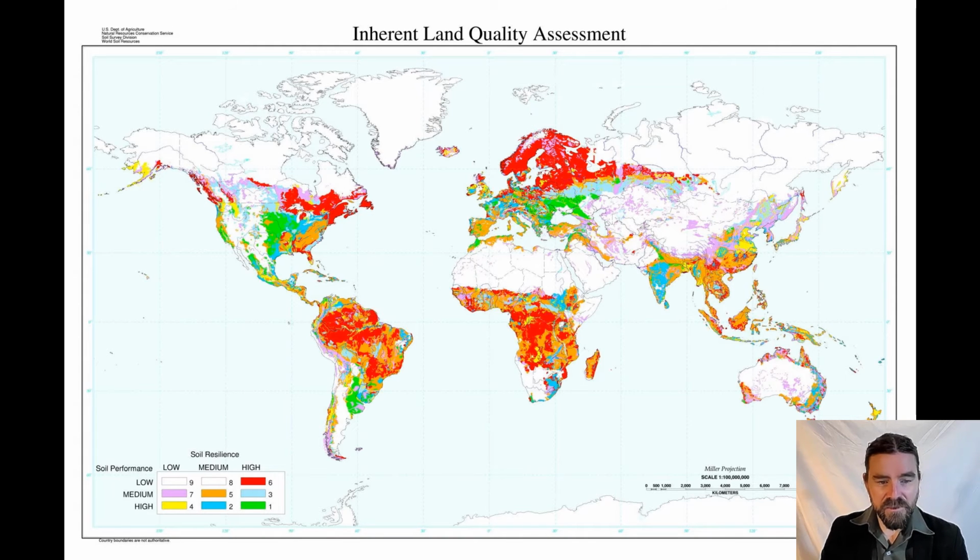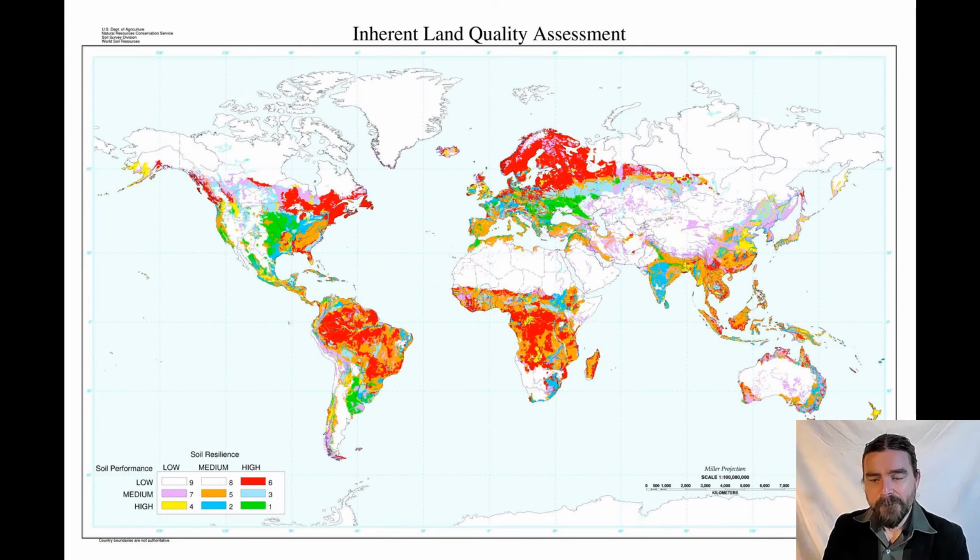This one here is showing the quality of soil for farming. So the best soils for farming are shown in, this is a very interesting graph. It's got a border, it doesn't have orientation, it's got a legend, it's got a title, it's got scale, and it does have a source, Washington DC 1998.